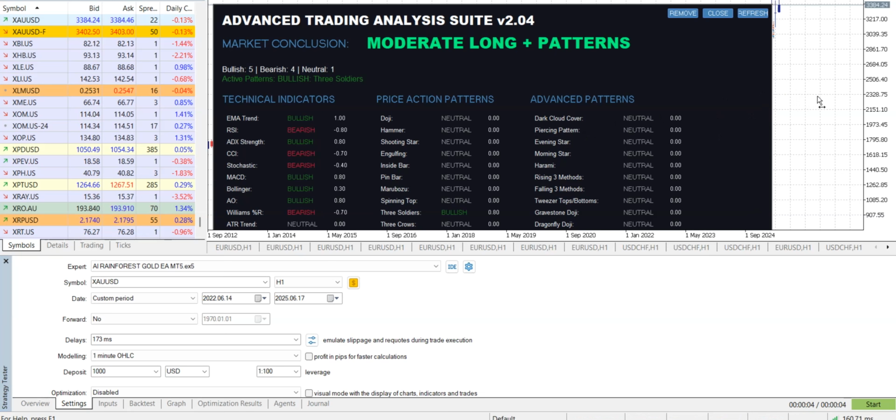Basically after a while you just start to recognize patterns.